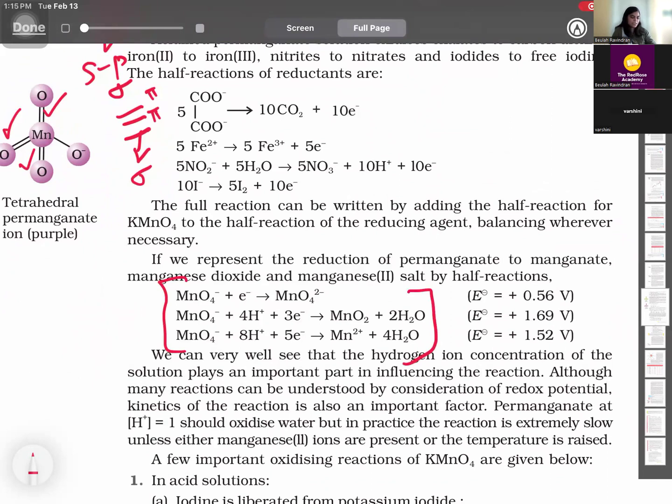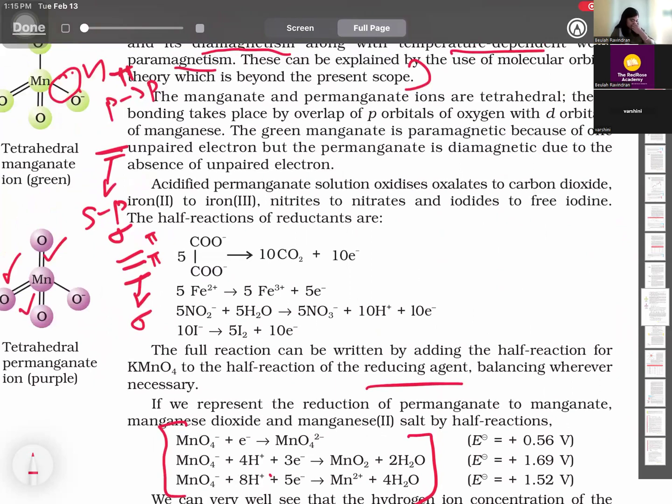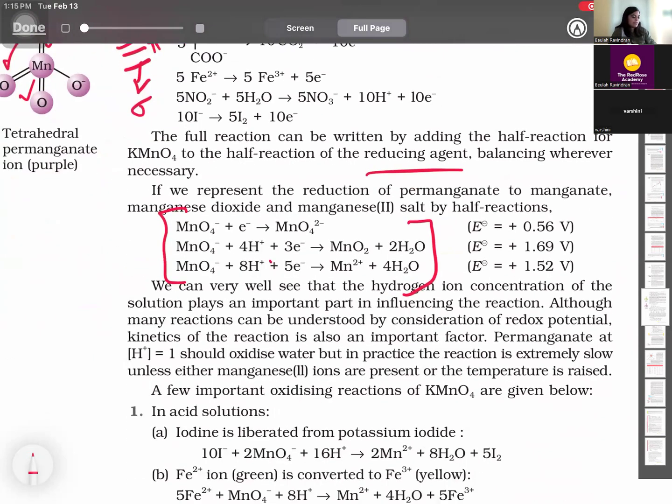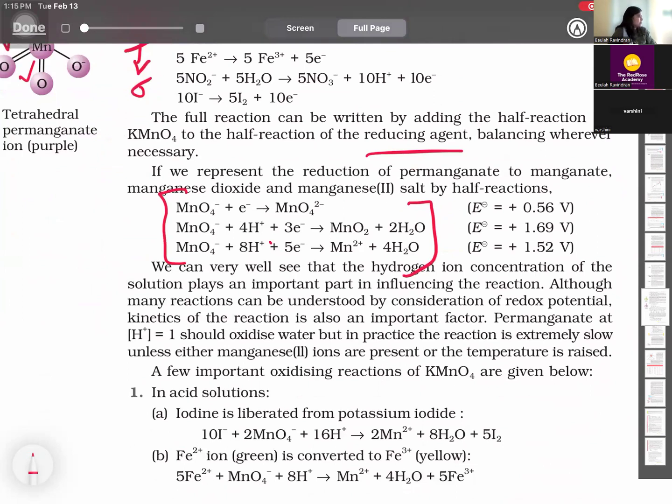So what type of reaction is it? Is it the oxidizing agent or reducing agent? Reducing agent means it oxidizes itself, right? So what is the meaning of oxidation?